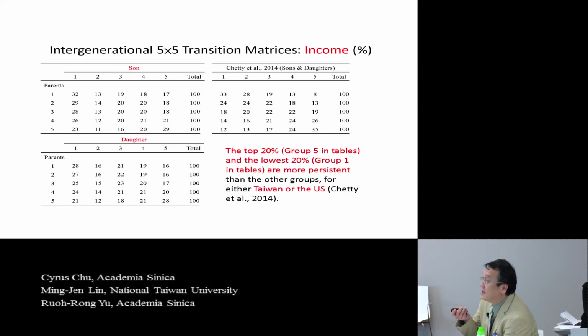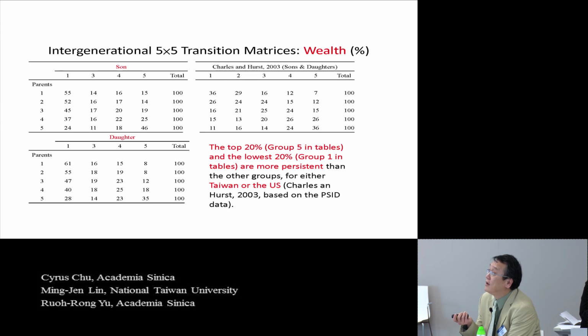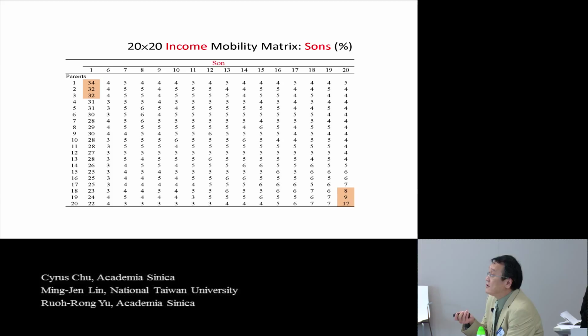Persistent in the sense that the lower 20% is very difficult to move out of, and the top 20% is very difficult to move down from. In the refined matrix, we divide income groups into 20 blocks, 5% each. The very rich group is very persistent, with a very high number here, and the very poor group is very unlikely to move out.